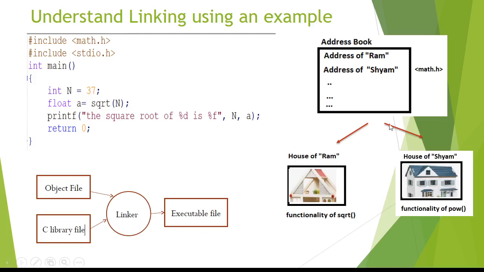I've specifically taken this example to make it clear that header files and library files are two different things. In a header file, just some information is present, and in a library file, the actual function definition is present. I'll talk more about header files and library files in coming sessions, more specifically in the functions videos of C.